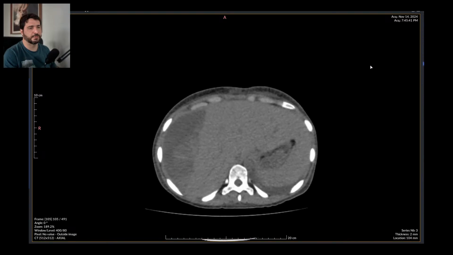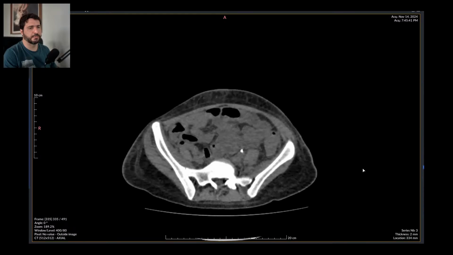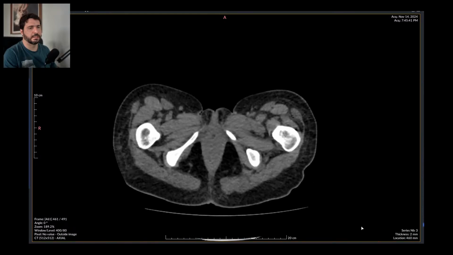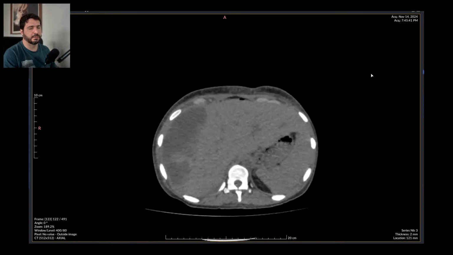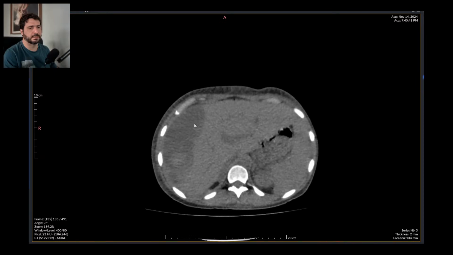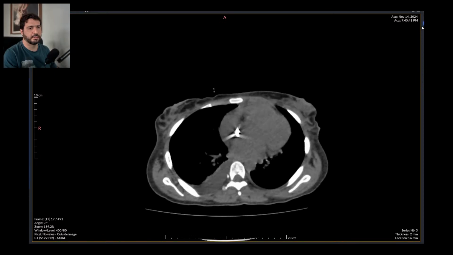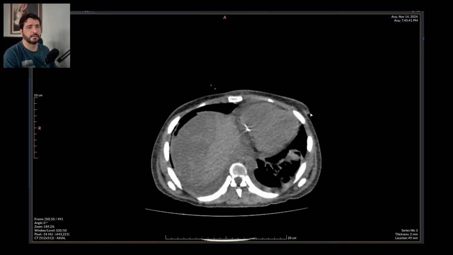It was supposed to be done with contrast enhancement, and it was supposed to be done as an abdominal CT, not a urotomography, because the abscess is in the liver. It's a liver collection. It has right there.